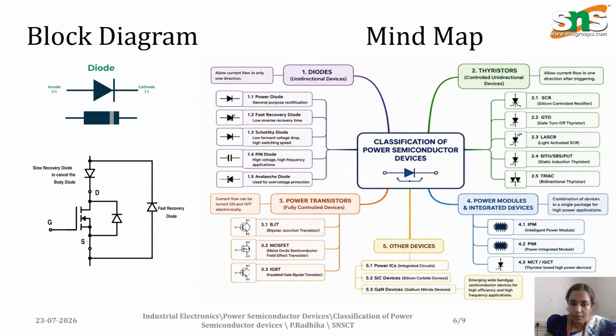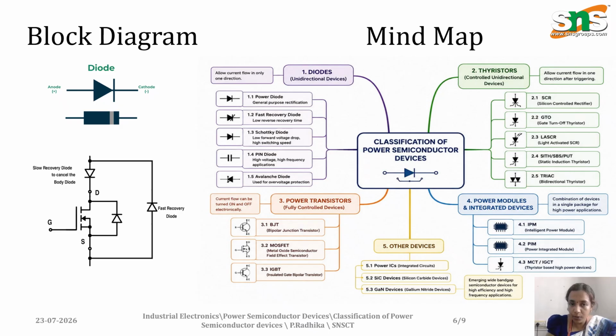The third symbol is the Schottky diode, which provides voltage in the forward bias condition. This capacitor-looking diode is called a PIN diode, and it is used for high voltage, high frequency applications. The avalanche diode is used for overvoltage protection.